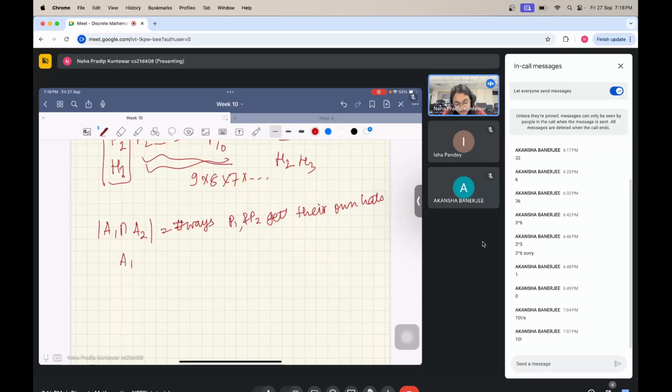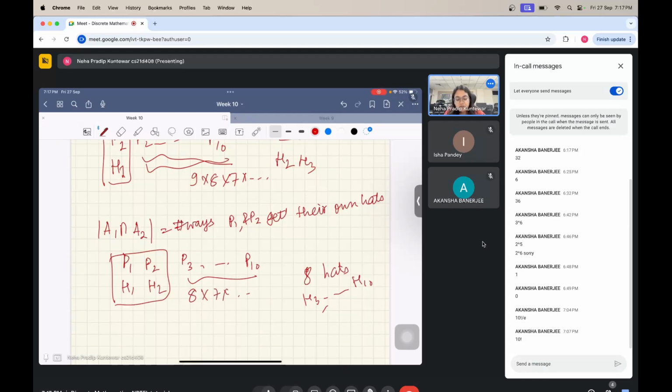So P1 gets their own hat, which is H1. P2 gets their own hat, which is H2. Now the remaining 8 hats, H3 to H10, you're going to distribute to P3 to P10 in any order. So the first hat can go to any of the 8 people, the second can go to any of the 7 people and so on. So this turns out to be 8 factorial.